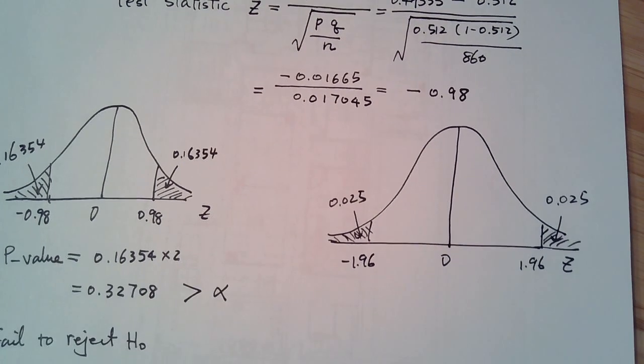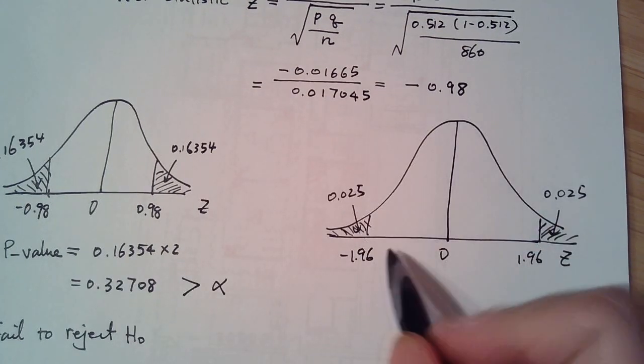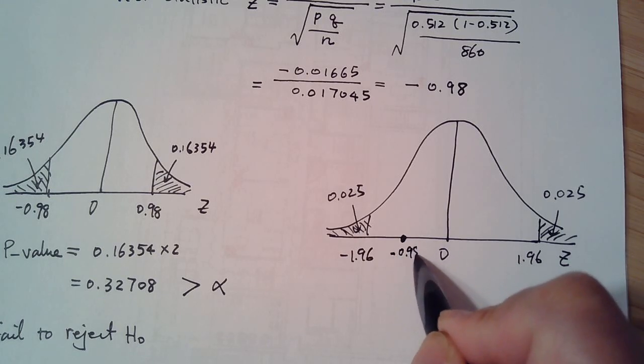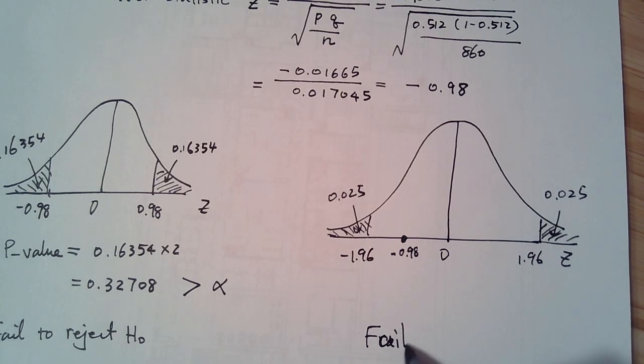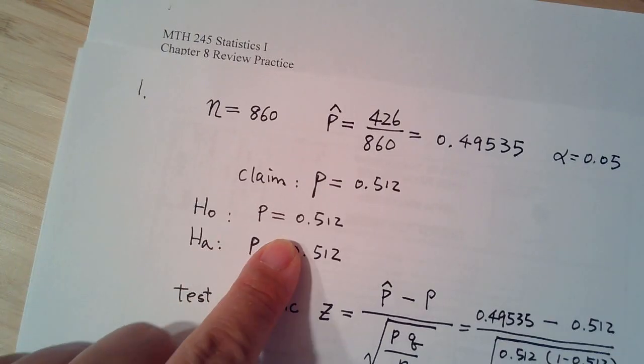Here is the rejection region, but your answer, negative 0.98, is not in the rejection region. So your answer here is also fail to reject H0.